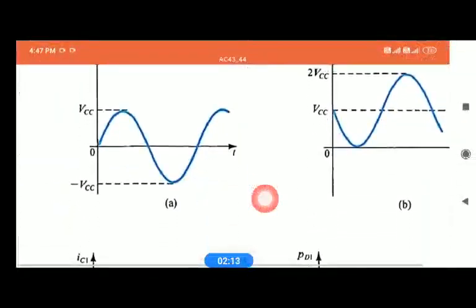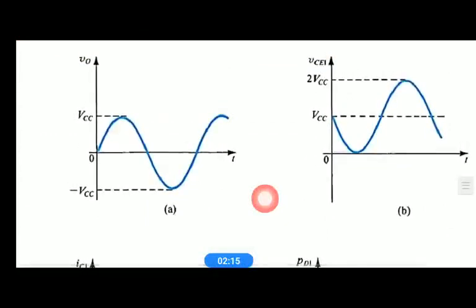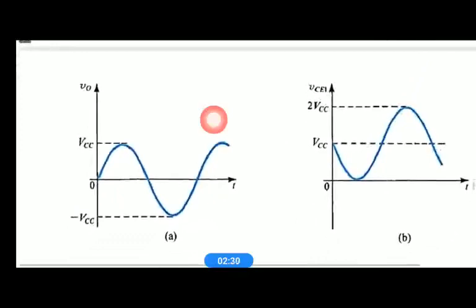Here we have the output voltage for a sinusoidal input at Vi. We will get the same sinusoidal output across the RL load, which varies between VCC and minus VCC. Initially, when the input Vi is 0, then VBE1 is 0.